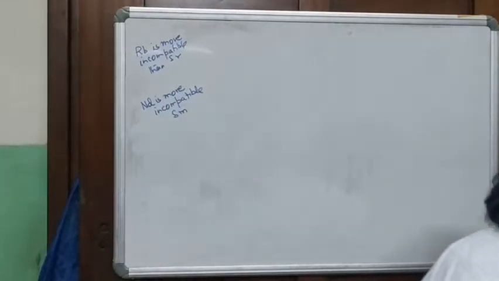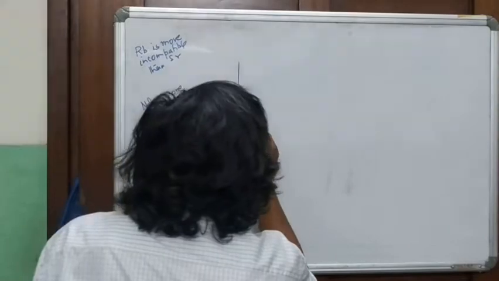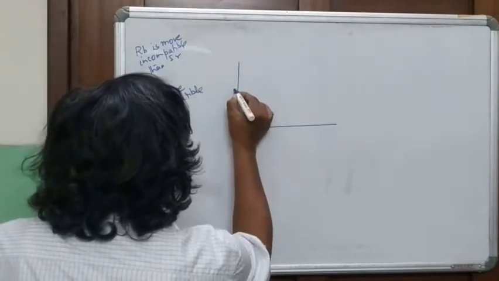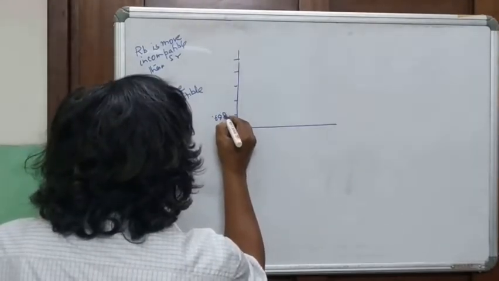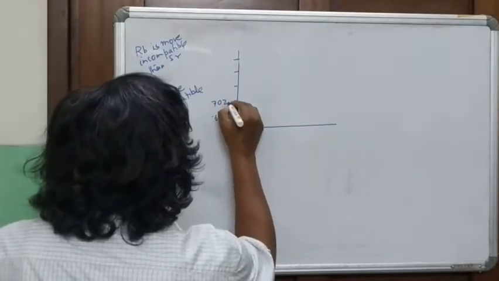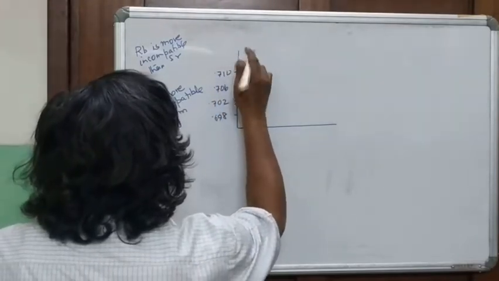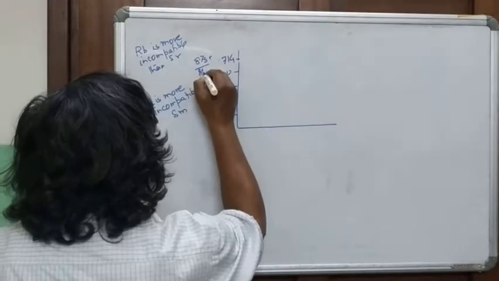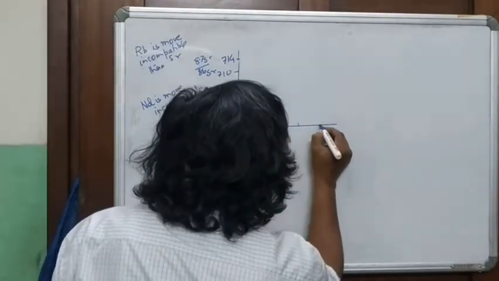Now I will draw two diagrams. This is strontium-87 by strontium-86, and this is time: 4, 3, 2, 1, 0.